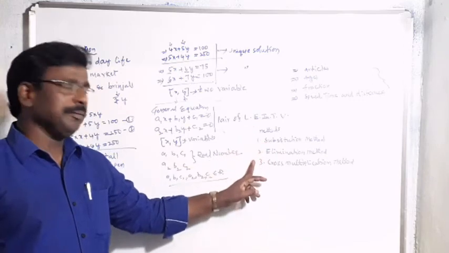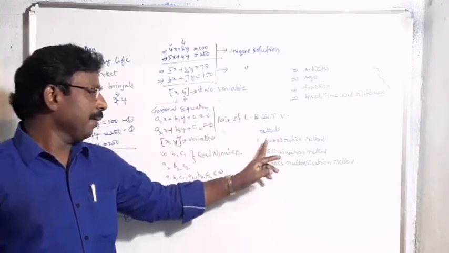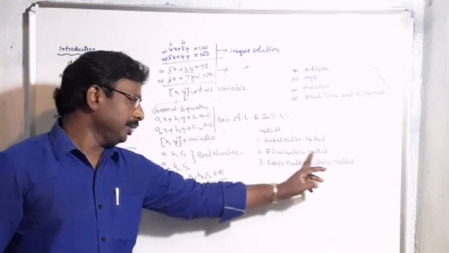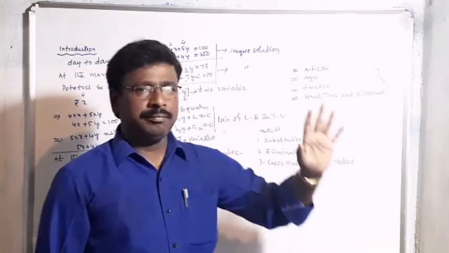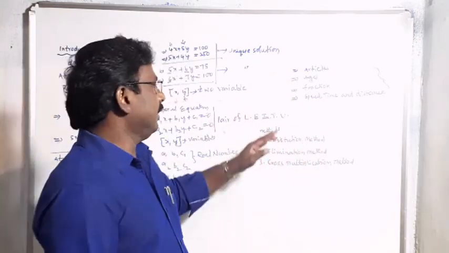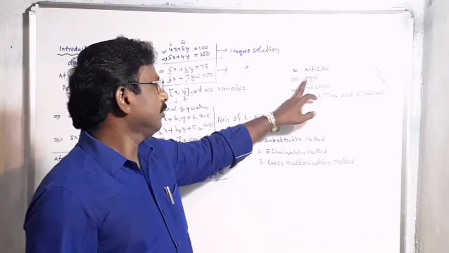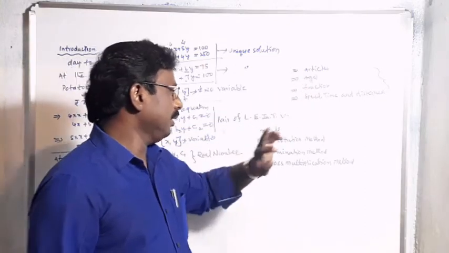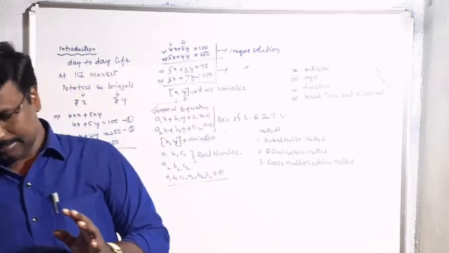Any one method you can use and find the values of x and y: substitution method, elimination method, cross multiplication method. Some mathematicians generated some problems on articles, based on ages, fractions, speed, time and distances.